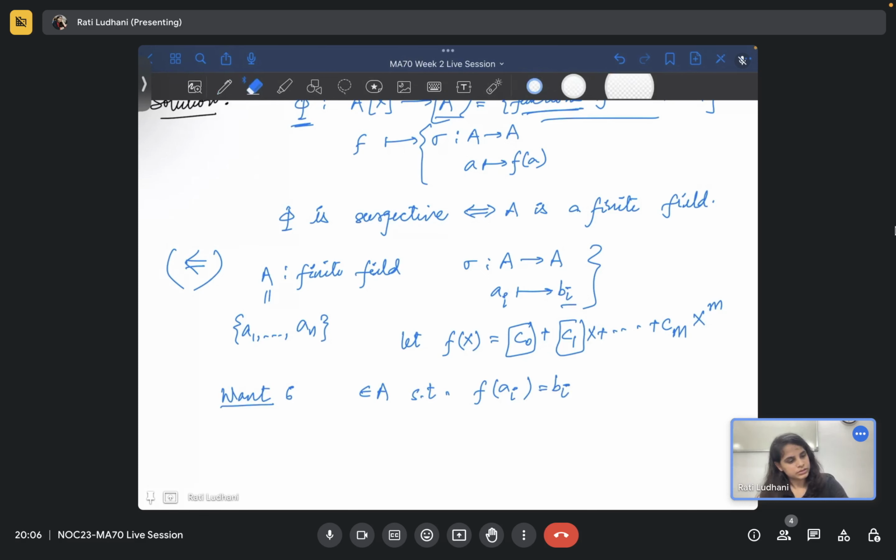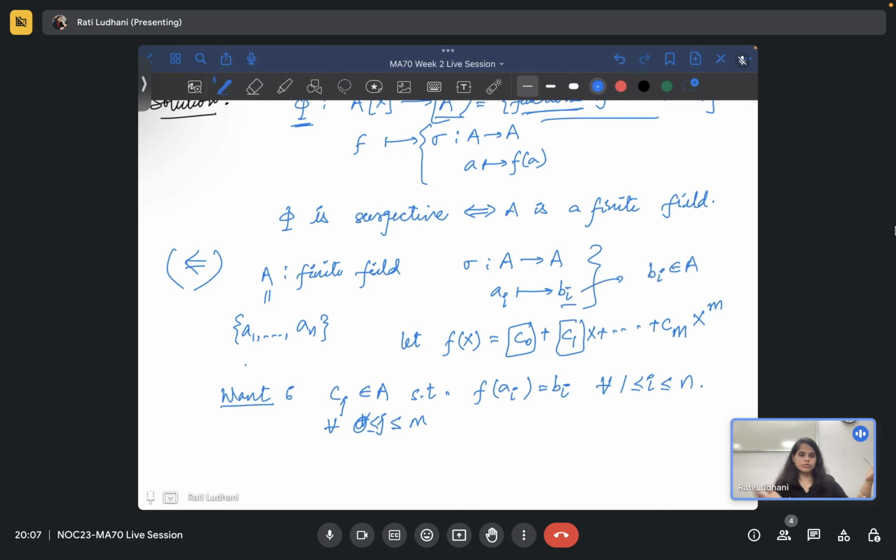Let's write c_j for all j from 0 to m, such that f of a_i is equal to b_i for all i from 1 to n. So the elements are 1 to n, and these b_i's also belong to A. So this is a map from A to A.